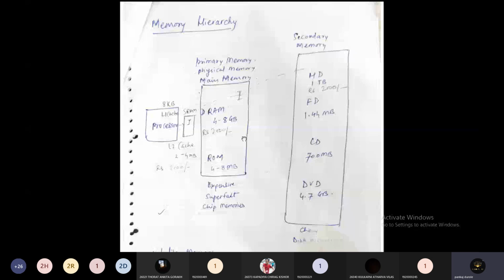Plus some small amount of dynamic RAM, 4 or 8 GB, a medium size. It will consume some price, right? And a very small amount of static RAM or cache memories will consume some amount of price, right?